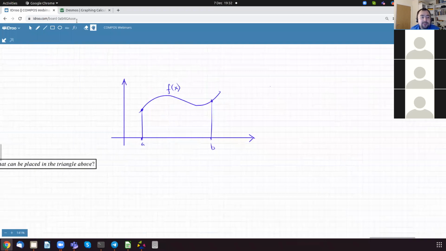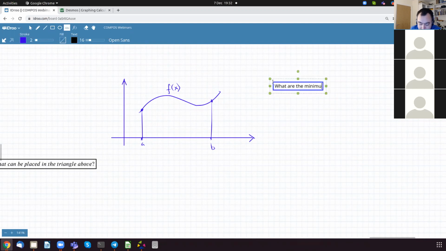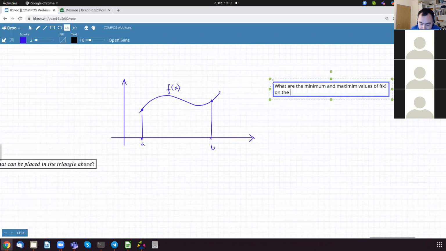So the question you're trying to answer: what are the minimum and maximum values of f of x on the interval a less than or equal to x less than or equal to b.